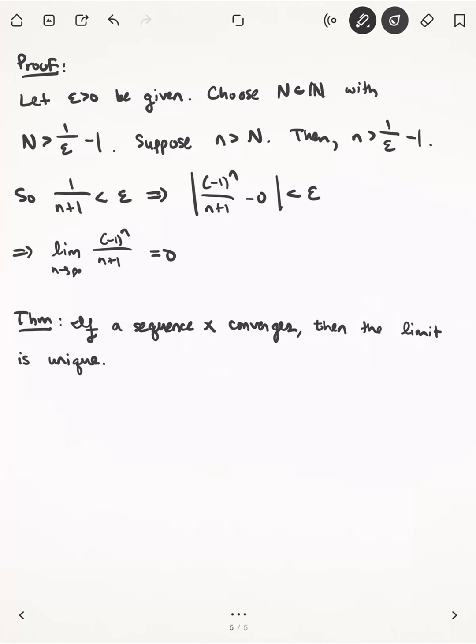And you can prove this. The proof is a little bit technical, but let's just go through it. It is a uniqueness proof.